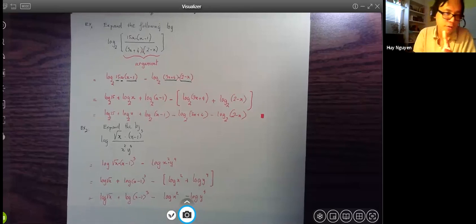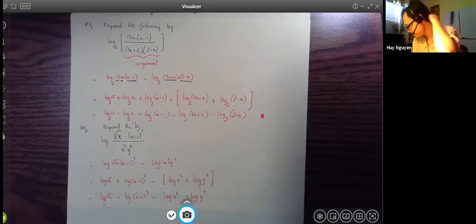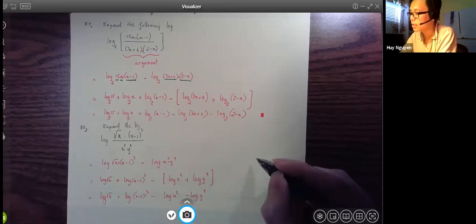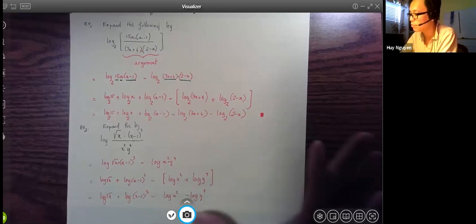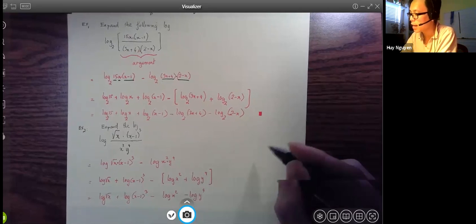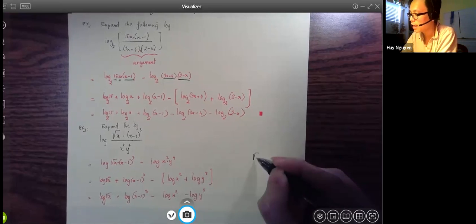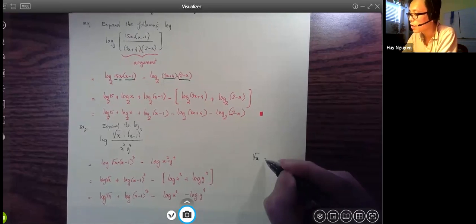I don't know if you guys remember, every time we have a radical, we can convert it into a rational exponent. I'm going to write on the side, on scratch paper. Radical x I can rewrite as x raised to the 1/2.